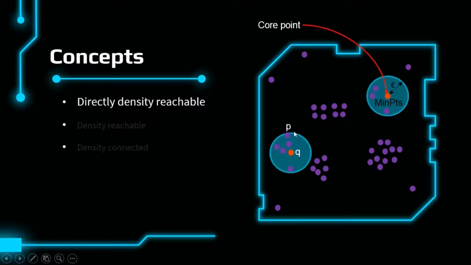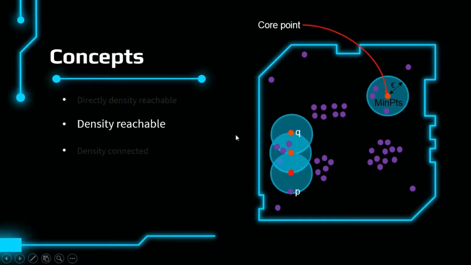We can say P is directly density reachable from Q, which means Q is a core point and P is inside the epsilon neighborhood of Q. Density reachable is a kind of chain, where P and Q are connected to each other, meaning reachable from each other, for example if P is density reachable from Q because there are some core points in between.